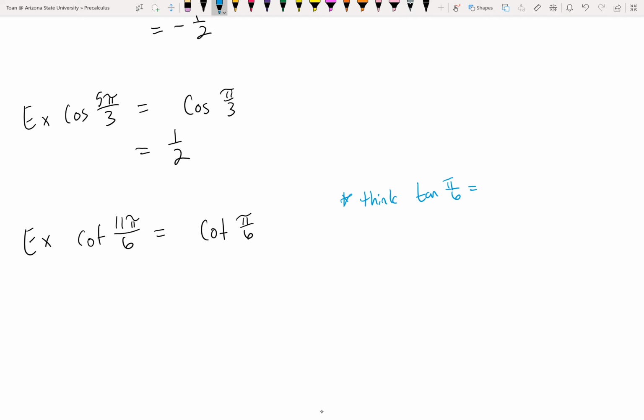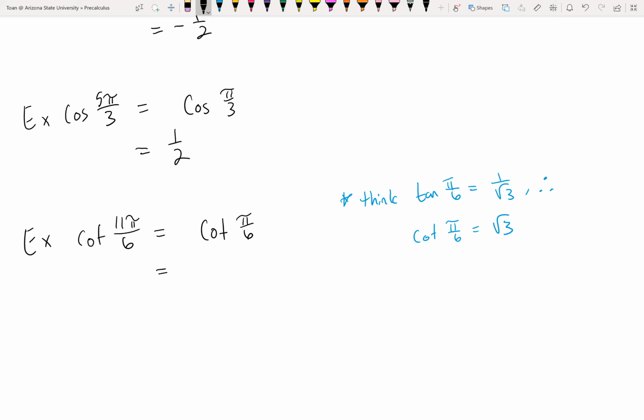Well, I know that pi 6 is 30 degrees, and tangent is 1 over radical 3. Therefore, cotangent of pi 6 has to be the reciprocal. If you flip this, it's simply radical 3. Oh, I forgot the plus or minus.